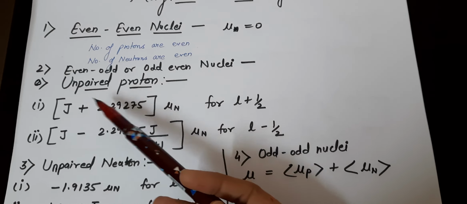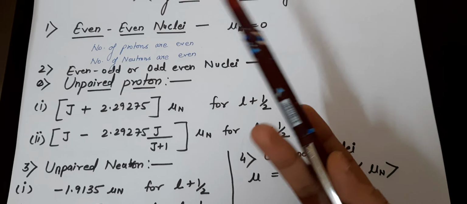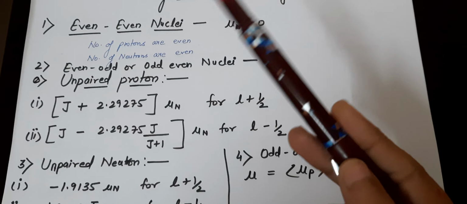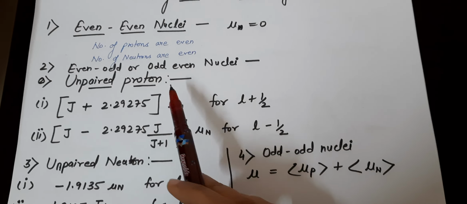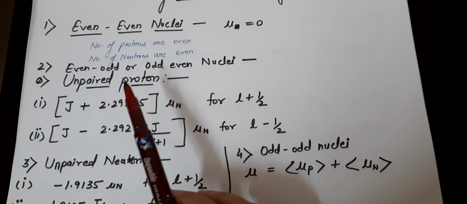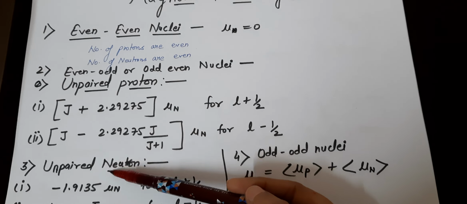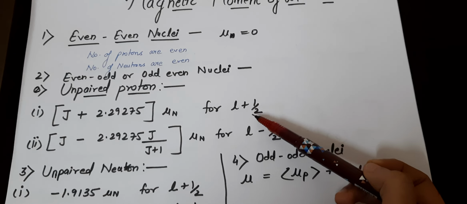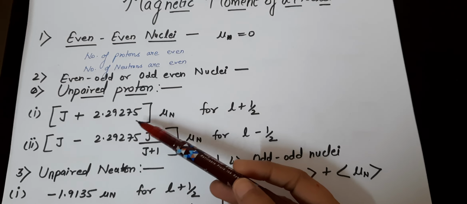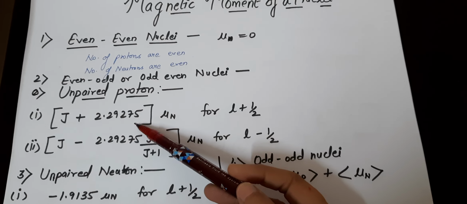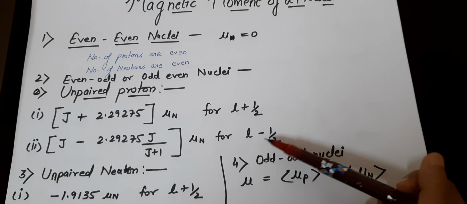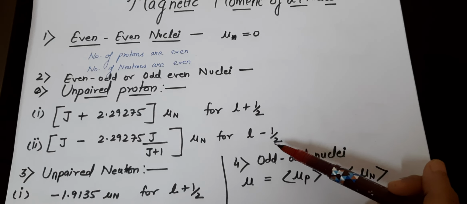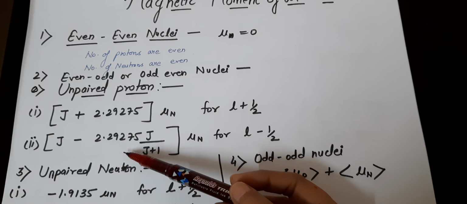That is, we have an unpaired proton but paired neutrons. Then we calculate the magnetic moment of the nucleus based on two formulas. If the J value satisfies the L plus half rule, we calculate the magnetic moment using this formula. And if the J value is L minus half, then you can calculate the magnetic moment using this formula.